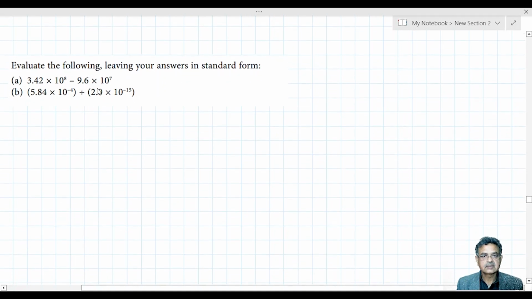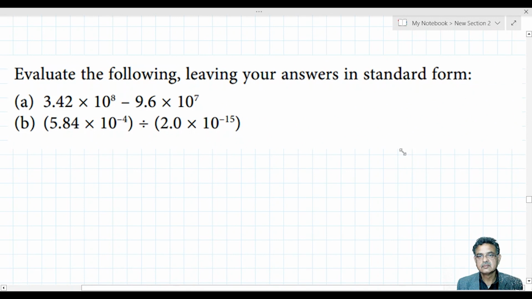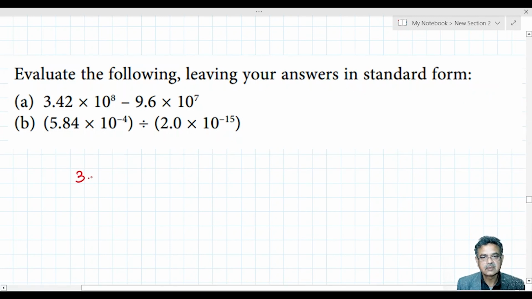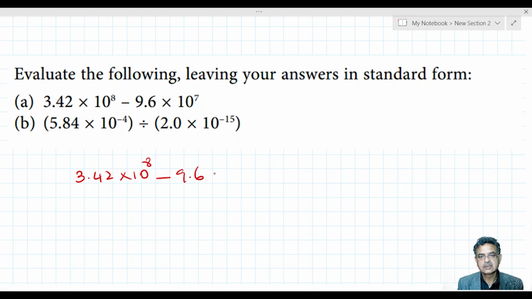Now next question. Evaluate the following, leaving your answer in standard form. This is 3.42 multiplied by 10 power 8 minus 9.6 into 10 to the power 7.